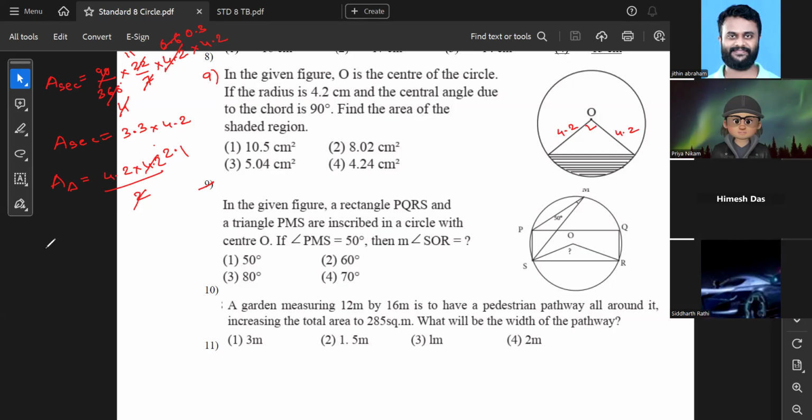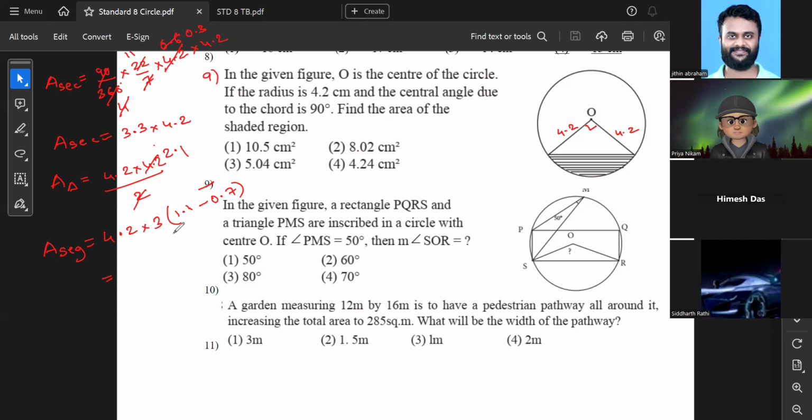Now the area of segment is, let's take common. First of all, 4.2 will come common, multiplied by 2.1 and 3.3 both are having 3 common. So I'll take 3 common from both of them. So I'm left with 1.1 for the first one and 0.7 for the second one.